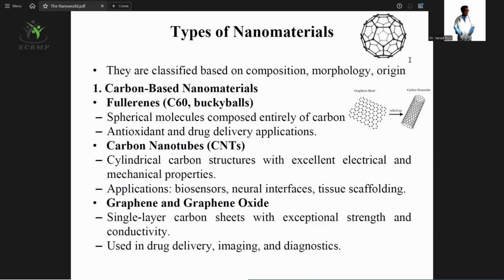There are n number of uses of all these materials, but we will mainly focus on their use in the pharma or medicine world. They are used as antioxidants and for drug delivery applications. How as antioxidant?